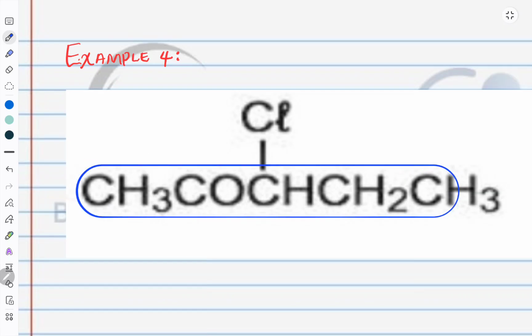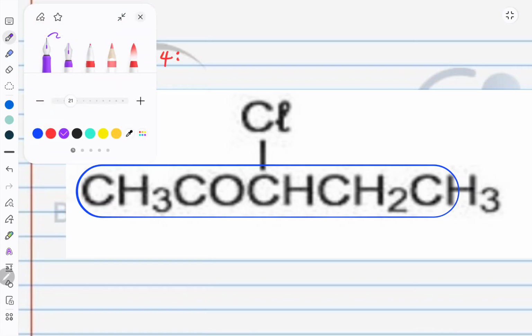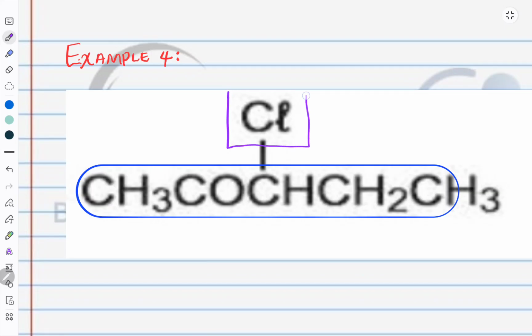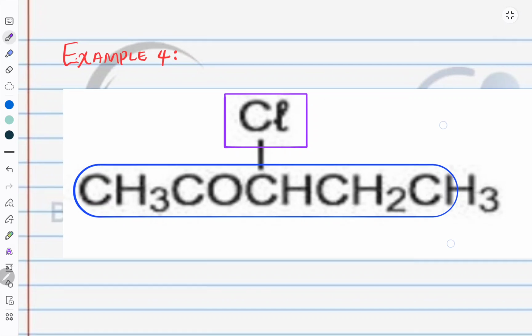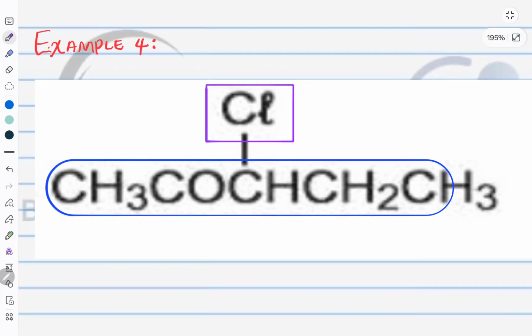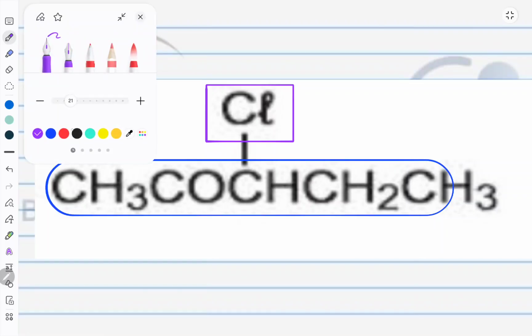Right, so we have that chain. Now we can see that there's a substituent, which is a halogen atom, the chlorine atom here. Right, that's our chlorine atom. It's a substituent. And then let's try to figure out how long the chain is and which side it is best to number the chain from.